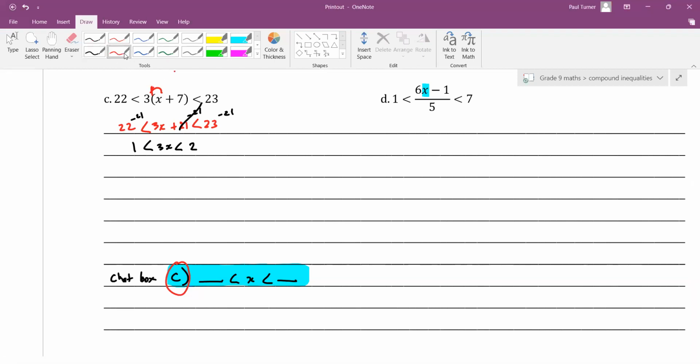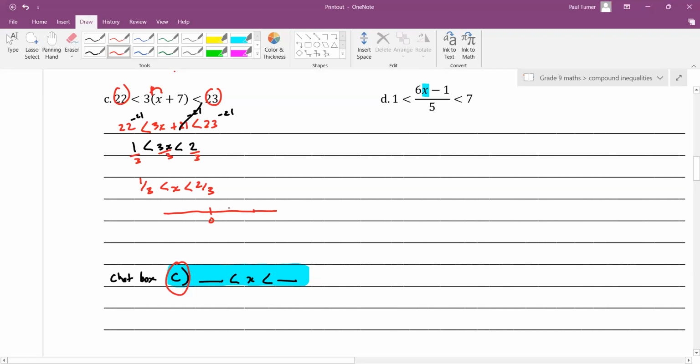So now we divide by 3 to cancel the 3 in the middle. So you're going to get 1/3 less than x less than 2/3. So very, very narrow range of x values because 22 and 23 are very close together. So of course, x will be very close together too. So in your number line, you can have 0.